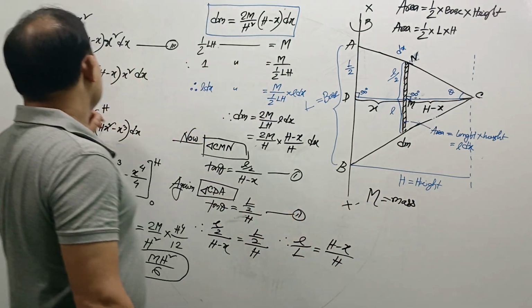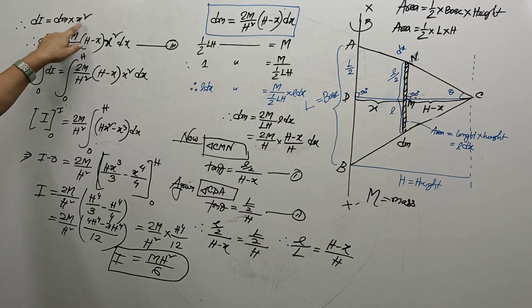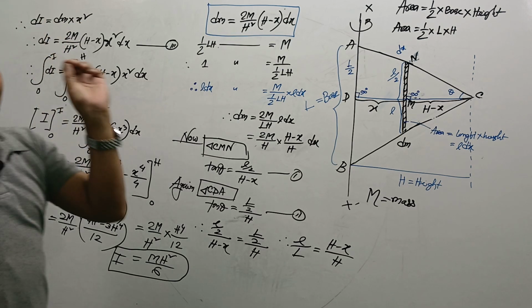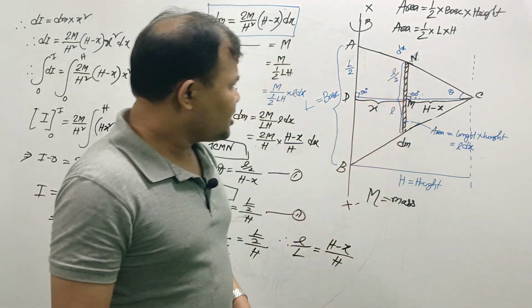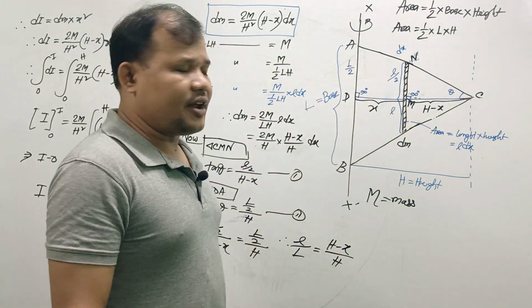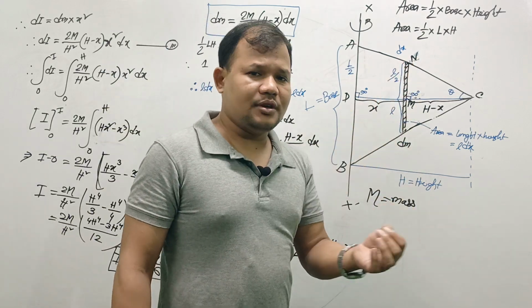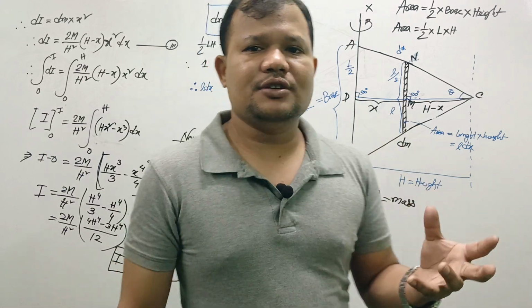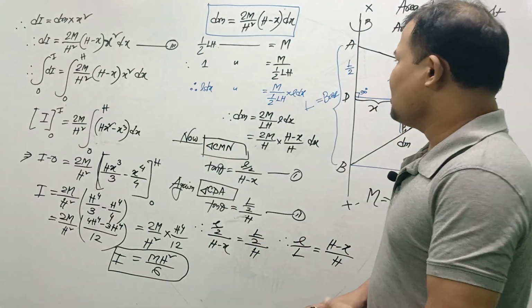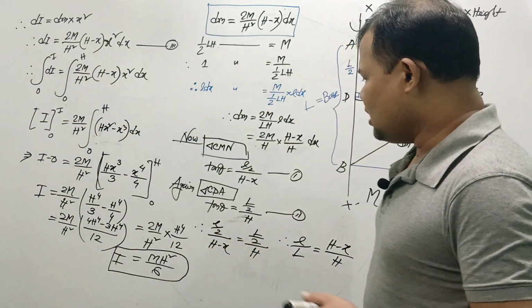Why? Because we use this equation dI is equal to dm into x square. dm represents the very small mass, which we already indicated in our triangle. This is the cross section, a very small area. We take this very small cross-section area, and its mass is dm. At first your duty is to find the value of dm, then put the value here and integrate both sides, then you get the desired equation.